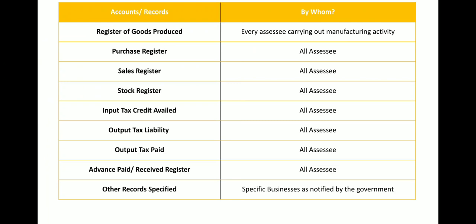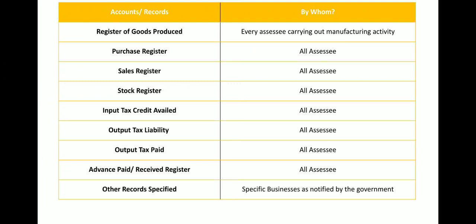The input tax credit availed register should maintain the details of input tax credit availed for a given tax period, with the bifurcation of tax rate and tax amount, along with the category of inward supply, whether it is input, input service or capital goods. That bifurcation has to be mentioned in the input tax credit availed register.